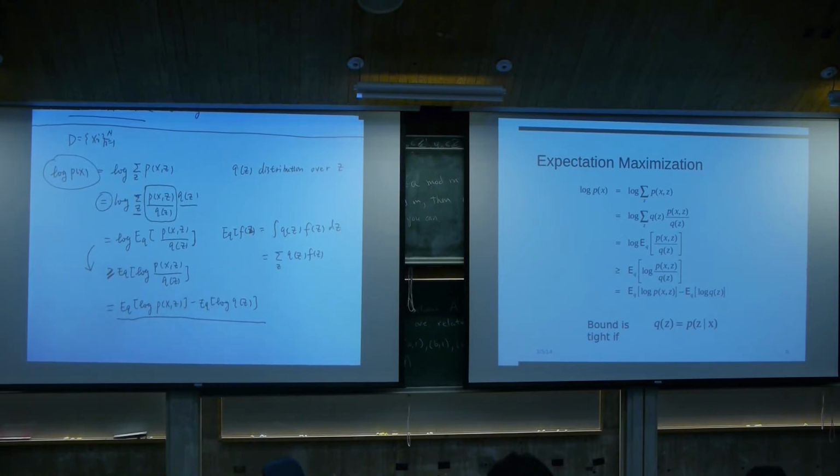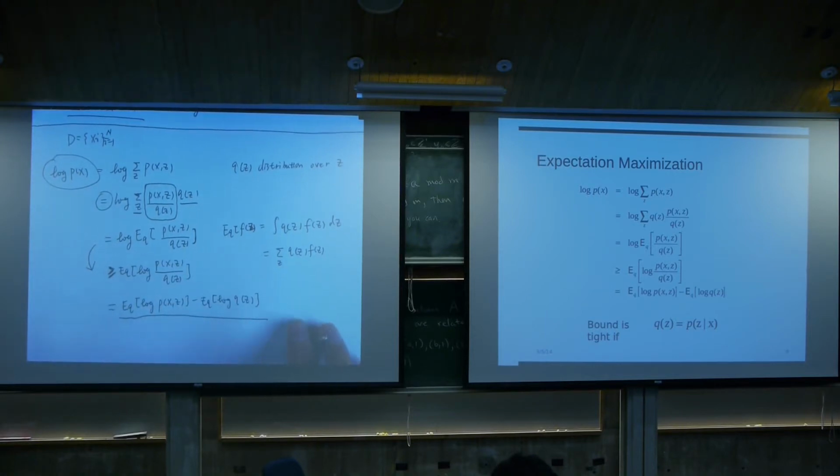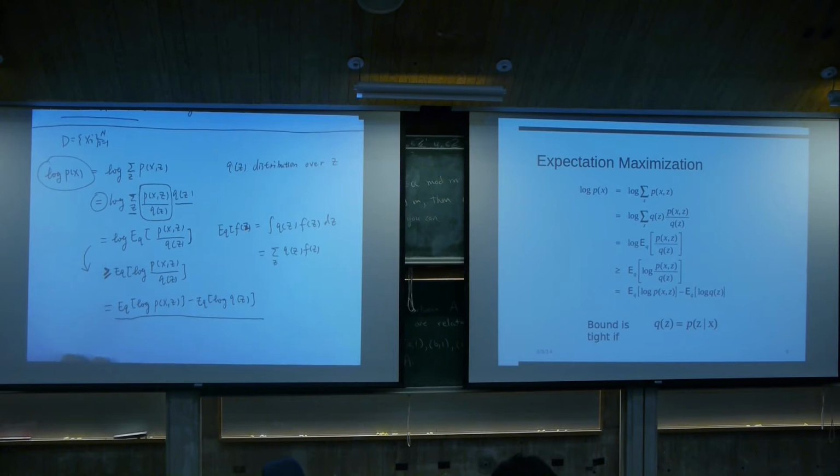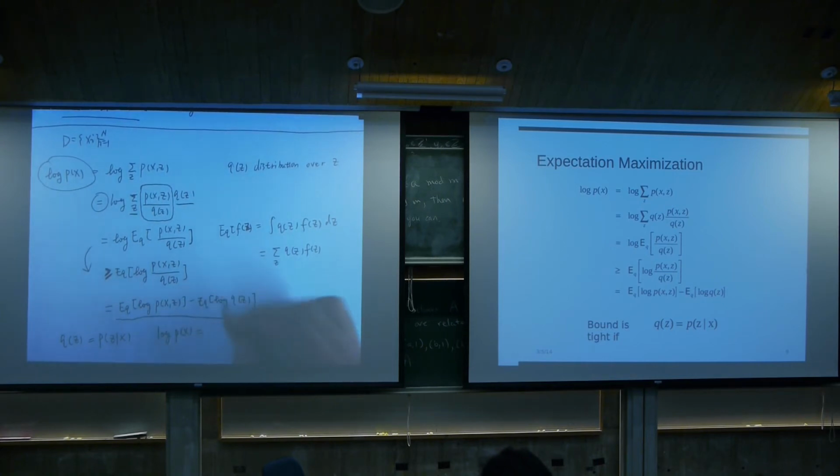So in that case, instead of maximizing that guy, we can maximize this lower bound. The answer is, if we choose q(z) as the posterior of z given x, these two things will become the same.